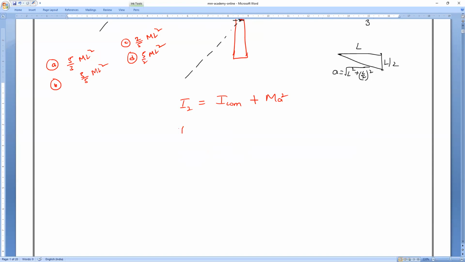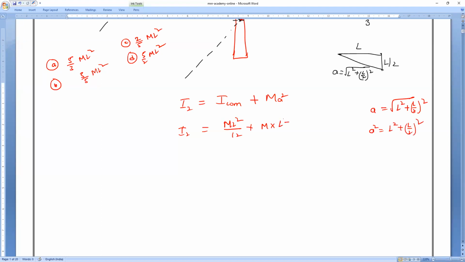So I2 is equal to the moment of inertia through the center of mass, ML square by 12, plus M into A square. What do we mean by A? A is root over L square plus L by 2 whole square. But we want A square, not A. So A square is equal to L square plus L by 2 whole square.